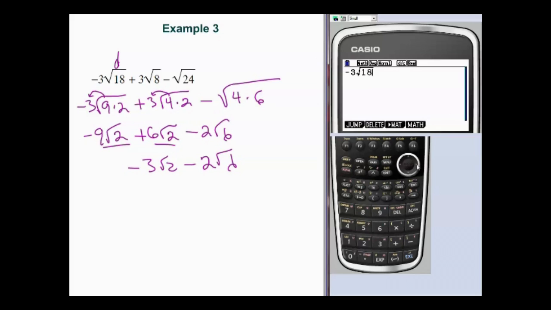I have to tab over because it'll carry the radical sign with it, plus 3 shift radical 8, tab over, minus radical 24. Hit the enter button. And it looks like I have the same answer, just, they used the commutative thing going on. So they just flip-flop places.